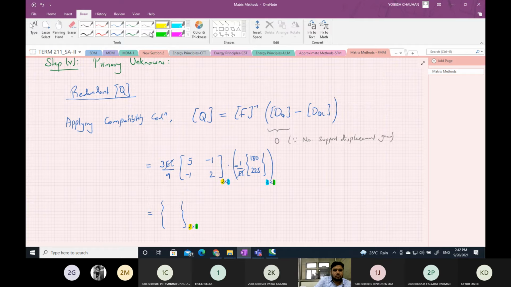So this will be your Q matrix, Q1 and Q2.